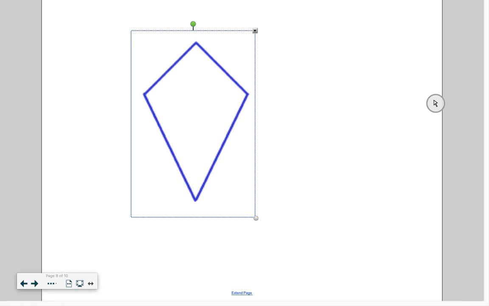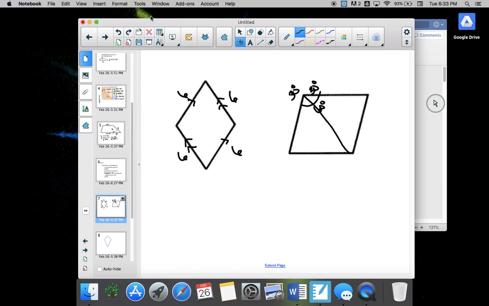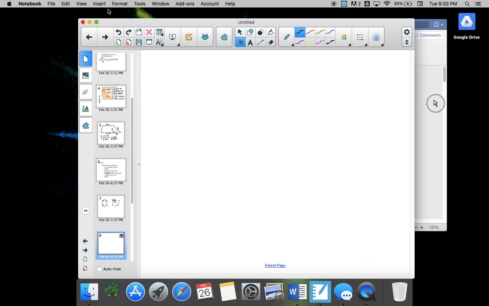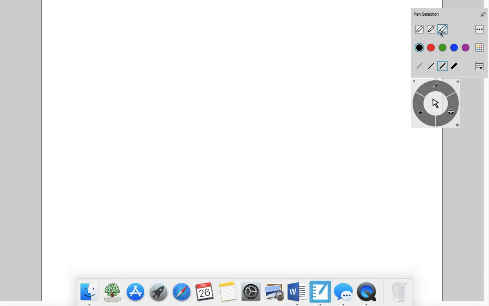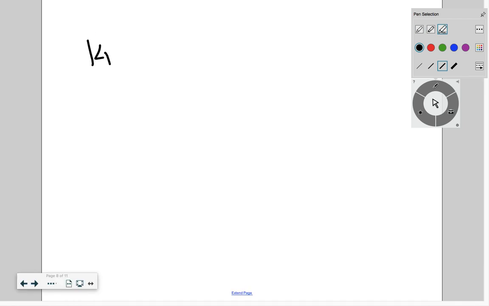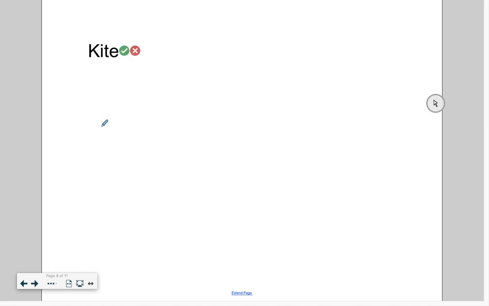Here we're going to talk about a kite. I'm going to throw in another slide so we can go over those characteristics, because a kite has its own special characteristics as well. A kite is another quadrilateral, meaning it's a four-sided figure.